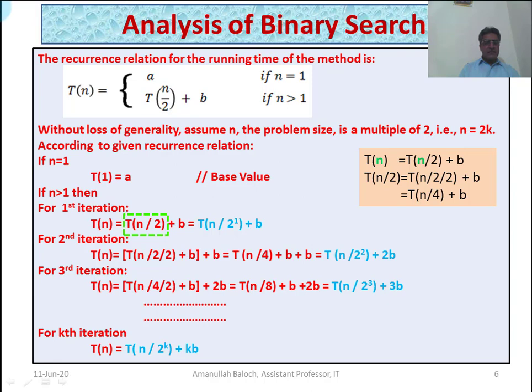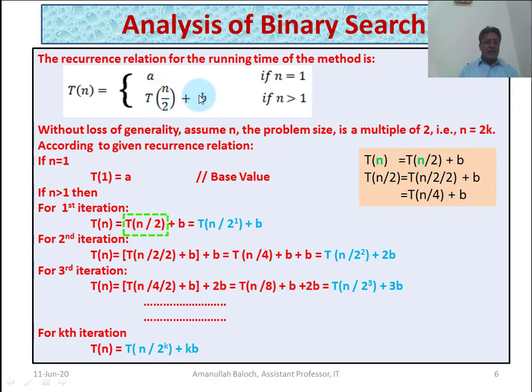But making the whole array of 10 elements into 5 elements, it will consume some time, and this is b number of seconds, that is 5 microseconds or 6 microseconds. So the computer will add this 6 microseconds with this time of 5 elements, because from 10 it has reduced the array limit to 5 elements.